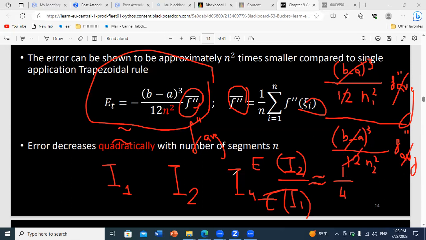We get just that the error of I2 over the error of I1 is equal to n1 squared over n2 squared.